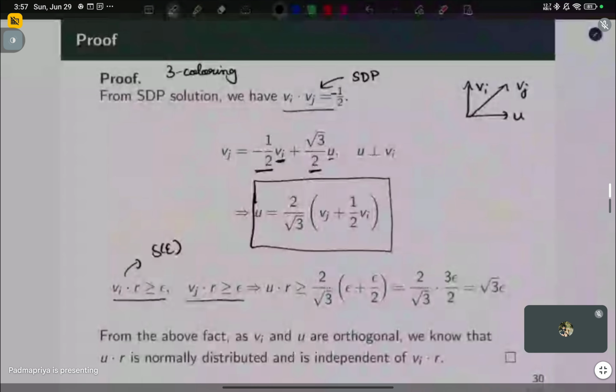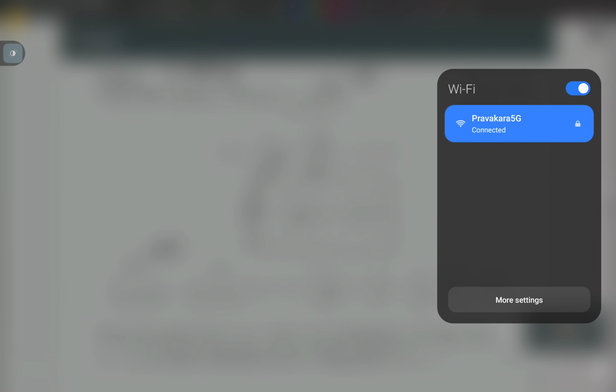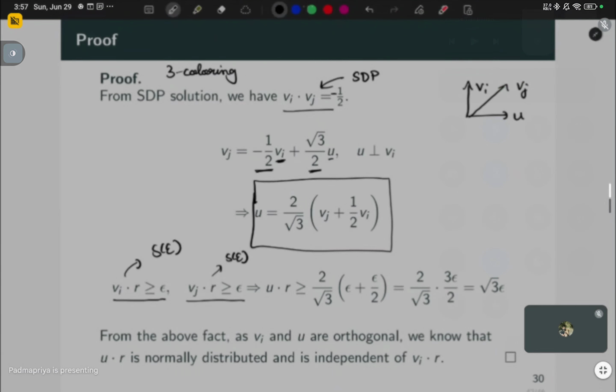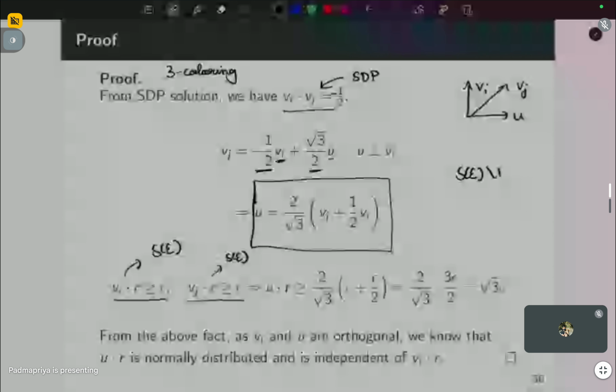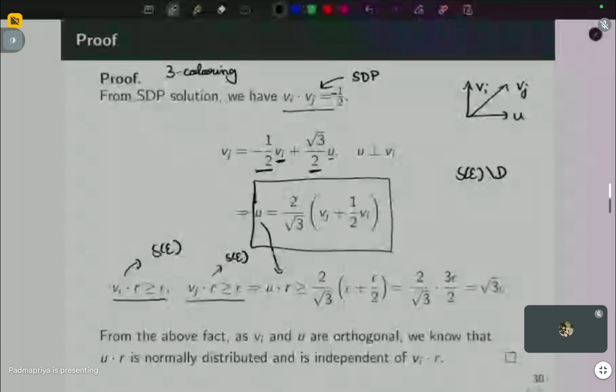Vj dot r is also greater than epsilon because they are adjacent vertices which end up in S epsilon. We want to calculate how many adjacent vertices end up in S epsilon because that's what we are going to delete from this. So that's why we are doing all of this. These two facts together mean this value u, when you take dot product with r, is going to be this number, which is root 3 epsilon.